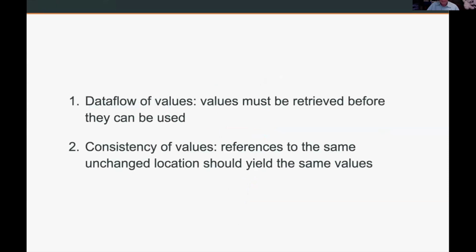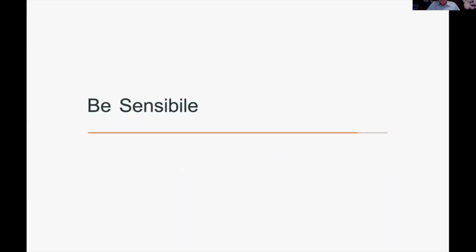So to summarize, we have data flow in the blue arrows, and the main idea is that you can't use a value before you've retrieved it. So the tail end of the arrow has to come before the head of the arrow in the control order. Values need to be consistent unless something changed them.